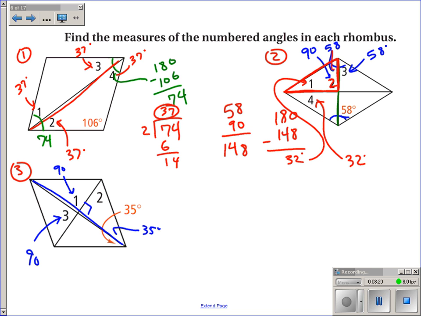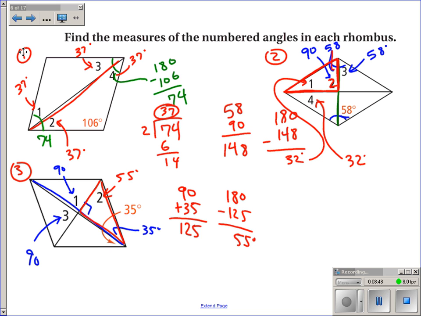And so angle 2, 90, and 35 will equal 180 because this is a triangle, and the angles in a triangle add up to be 180 degrees. So I'm going to add 90 plus 35, and I get 125, and I subtract that from 180 to find the measure of angle 2, and I get 55 degrees. So angle 2 is 55 degrees.